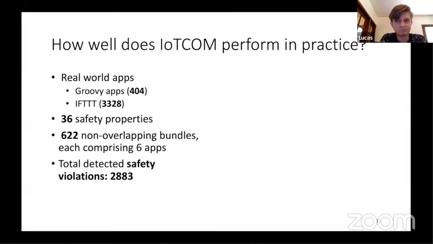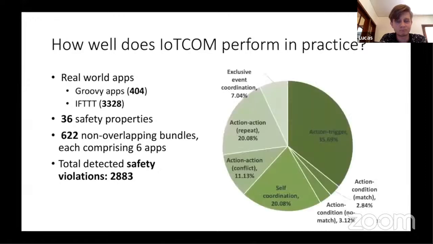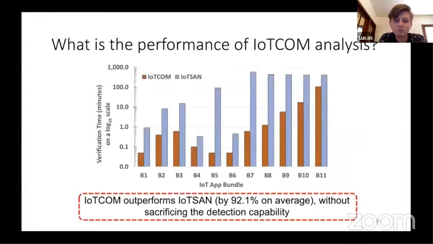In total, we detected about 2,900 violations. This is the distribution of those violations. The majority are from action trigger with the percentage 35. And in second place, we have action with repeated or conflicting actions.